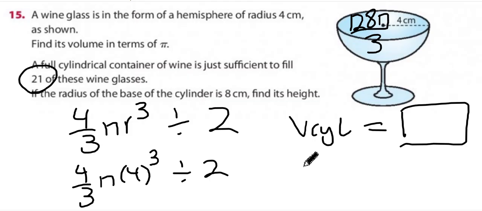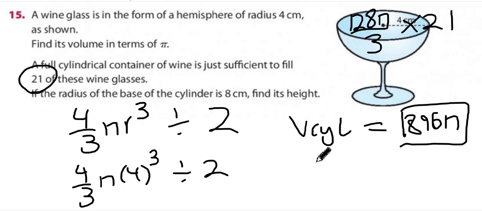Was it 128? Yeah, 128. Yeah, thank you. Now, you got to multiply that by 21 because there's 21 glasses in a cylinder of wine. So that's 896 pi. Would you all be happy that's the volume of the cylinder?